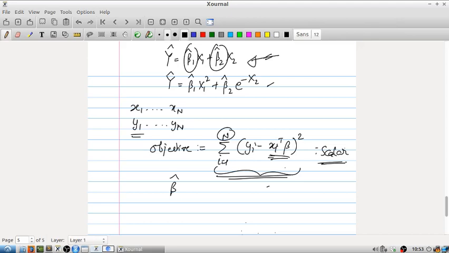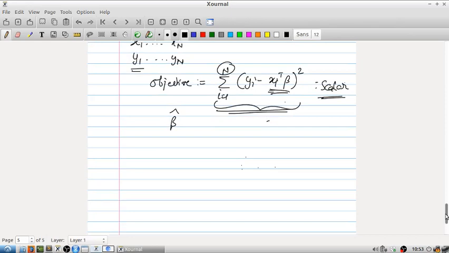Potentially from your previous classes, you might have seen the vector representation of this objective. So let me use y, which is n cross 1.